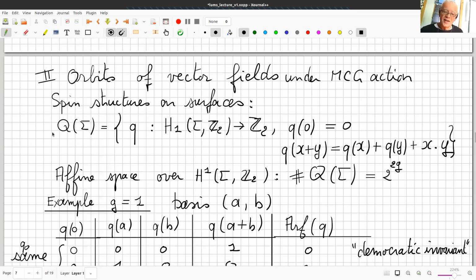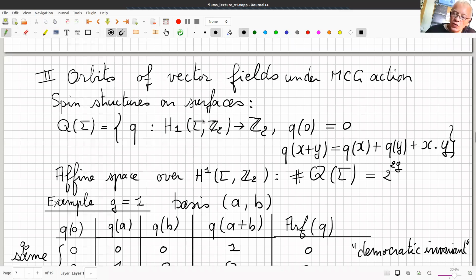This Q of sigma is a model for spin structures on sigma, and it's a set of maps Q from H1 of sigma with modulo 2 coefficients. So just think you take integer H1 and reduce coefficients mod 2. It's a Z over 2Z space of dimension 2g.